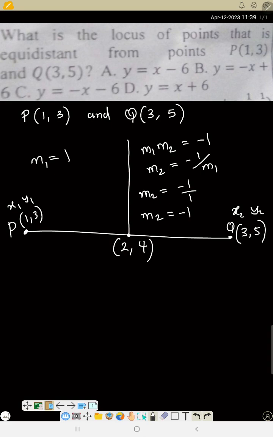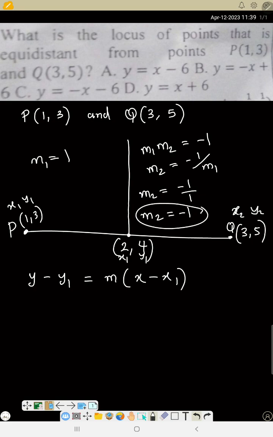So we are going to use y minus y1 equals m into x minus x1. This is now our new point, this is x1, y1. Also, these are our gradients, so I'll put m2. So this will be y minus y1, that is 4, equals m2, that is minus 1, times x minus x1, that is 2.